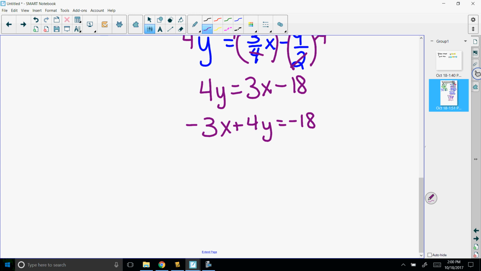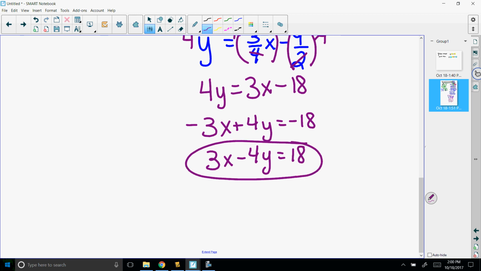What they're in essence doing is keeping that 3 positive. So they're moving the 4y over and the 18 over. But that means the same thing as just dividing everything by -1. So you would show it as 3x minus 4y equals 18. And this is probably what you're going to see as the answer, because you're going to want that to be positive.